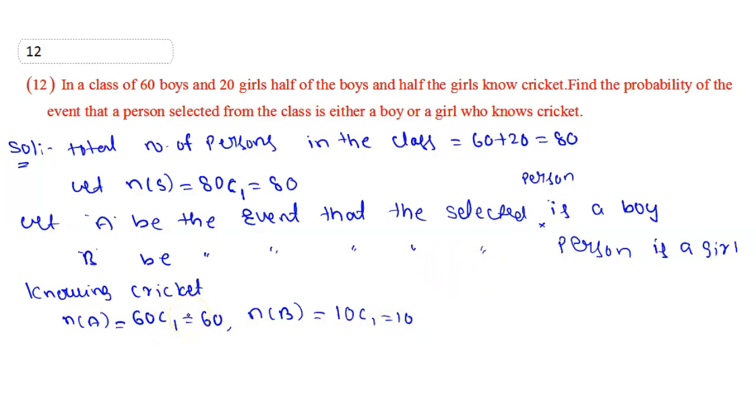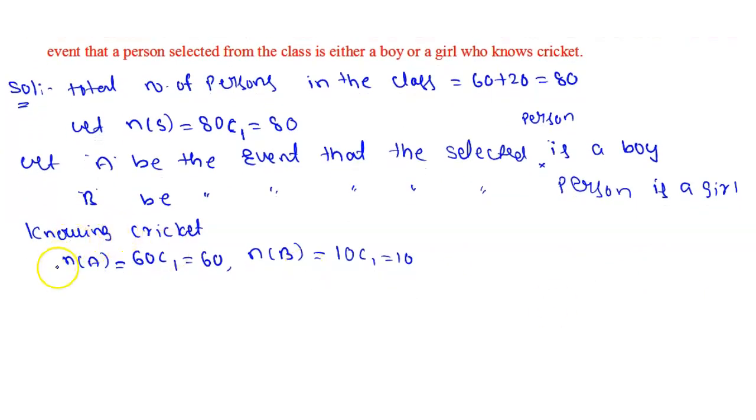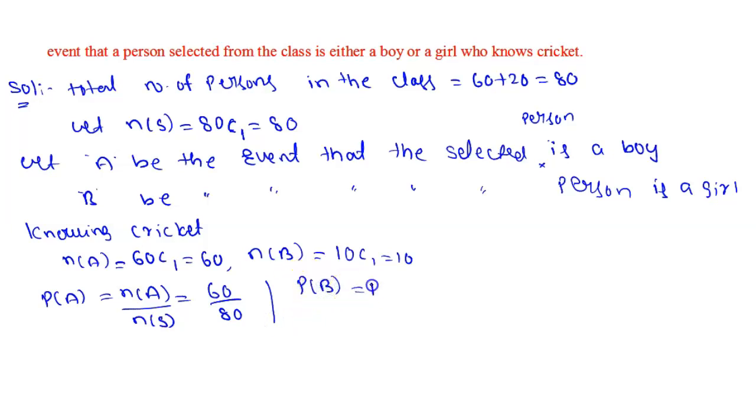And next, P of A is equal to n of A by n of S, that is equal to 60 by 80, and P of B is equal to n of B by n of S, that is equal to 10 by 80, right?